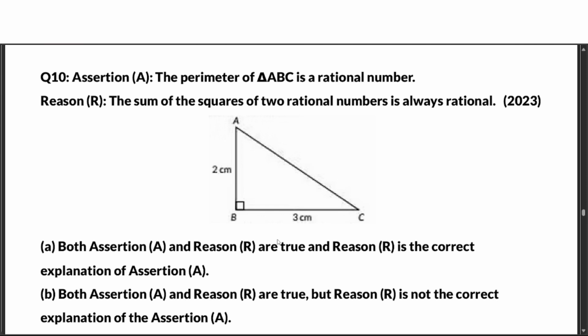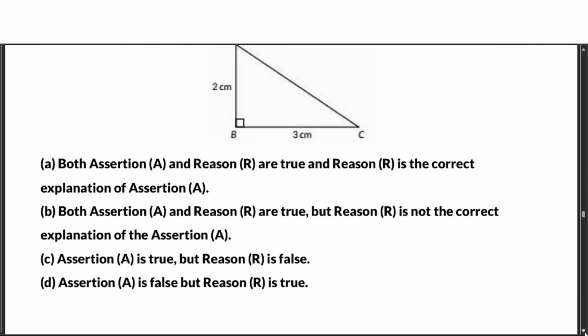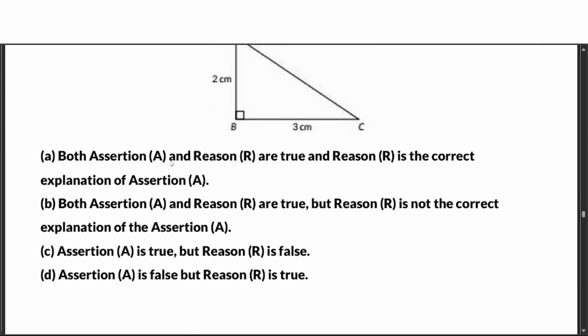Now options are given here. Option A: both assertion and reasoning are true, and reason R is a correct explanation for assertion A. Second option: both are true, but reason is not a correct explanation of the assertion. Option C: assertion A is true, but reason R is false. Now D is saying assertion A is false, but reason R is true.